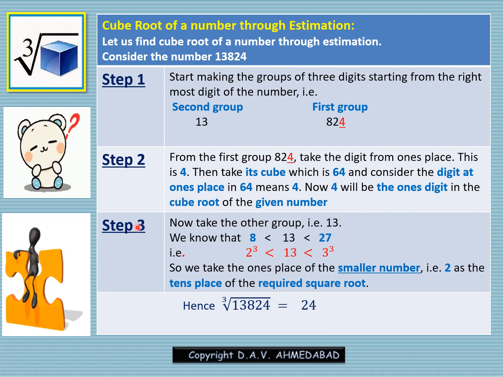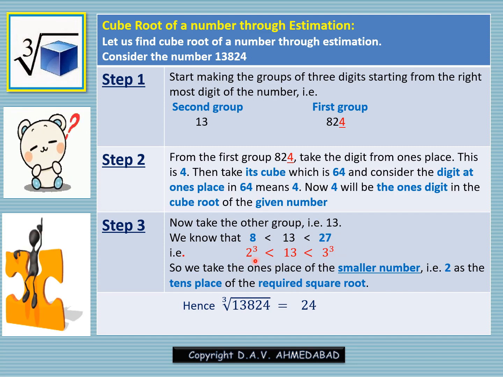Now step 3, take the other group. Other group is 13. Now we need to see what are the perfect cubes near to 13. So before 13 we have perfect cube 8 and after 13, 27. Now 8 is 2 cube and 27 is 3 cube.